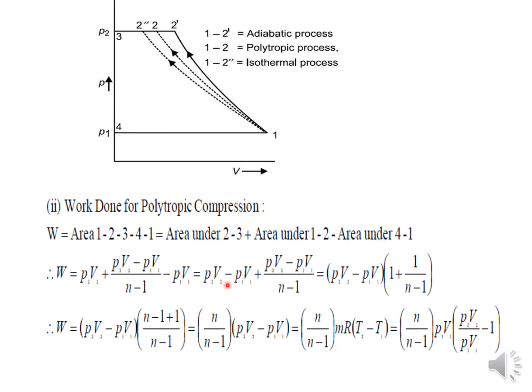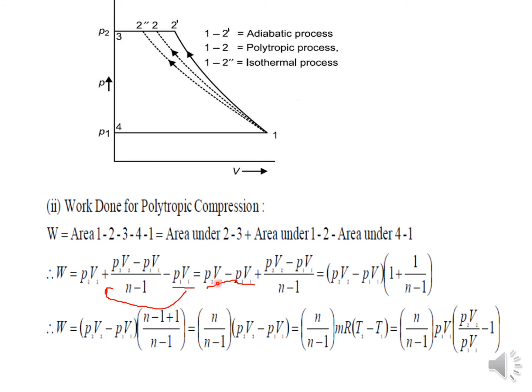Among this, he is taking P1 V1 this side and writing like this. So what he has written, you just see: P2 V2 minus P1 V1 plus P2 V2 minus P1 V1 divided by n minus 1.